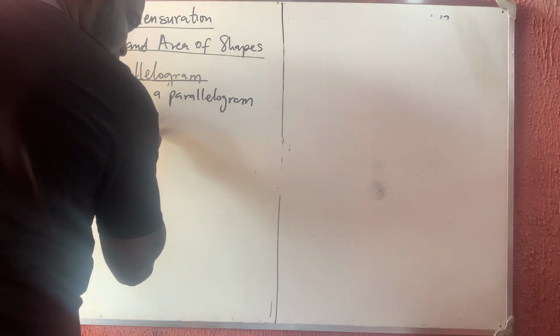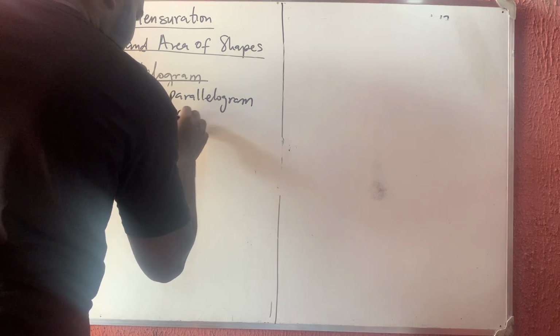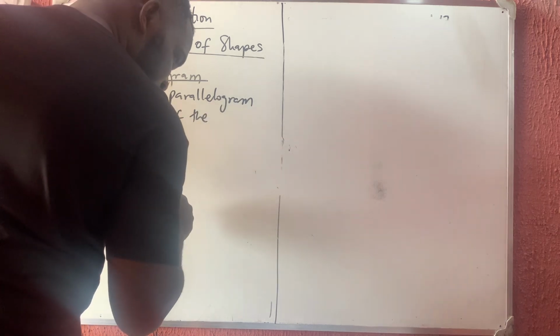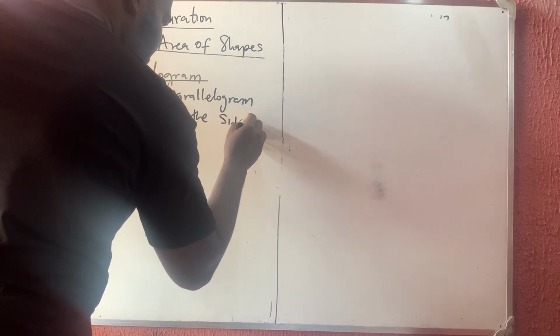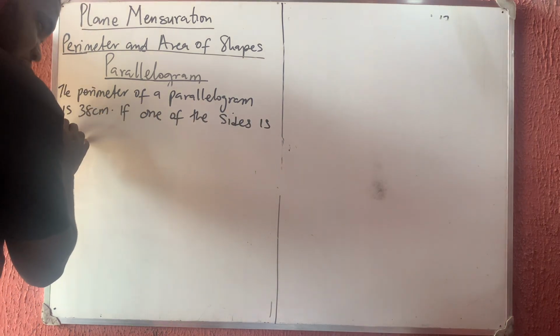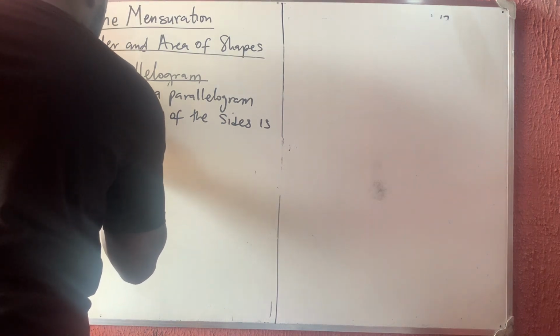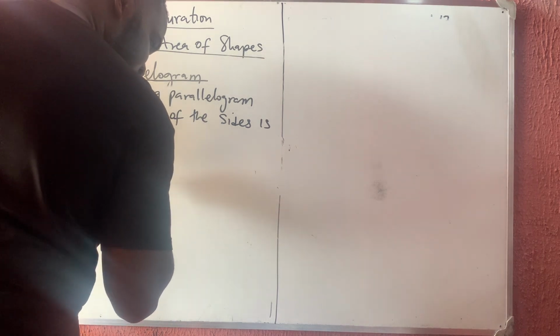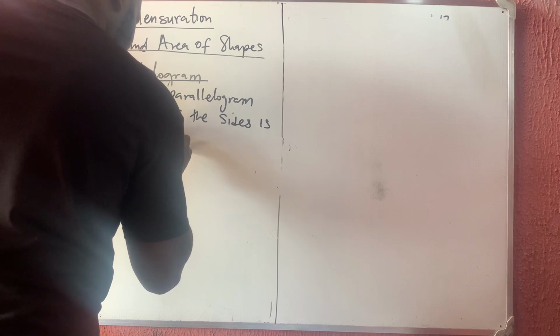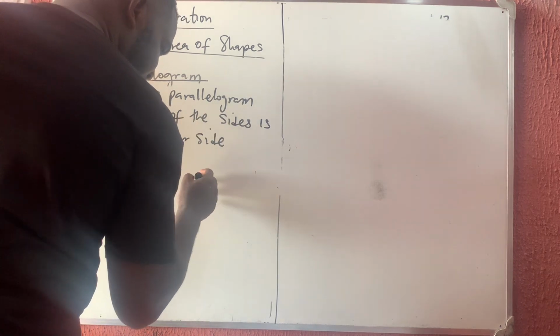They say that if one of the sides is 12 cm, then we should find the other side.